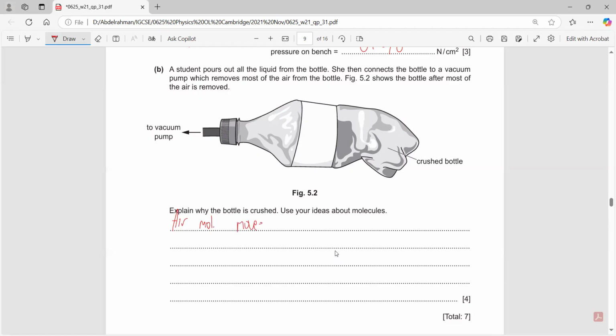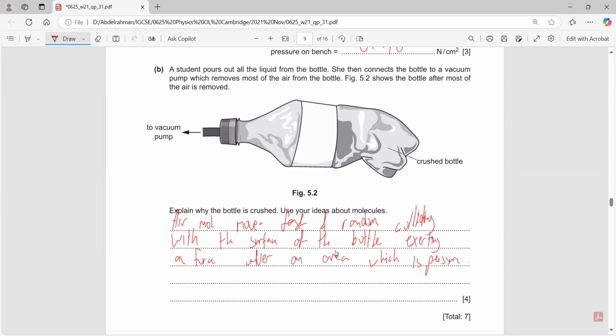So air molecules move fast and random, colliding with the surface of the bottle, exerting a force over an area, which is pressure.